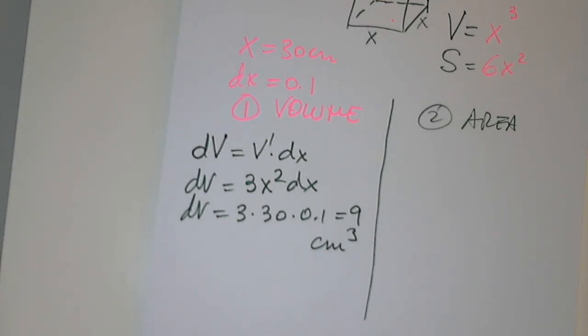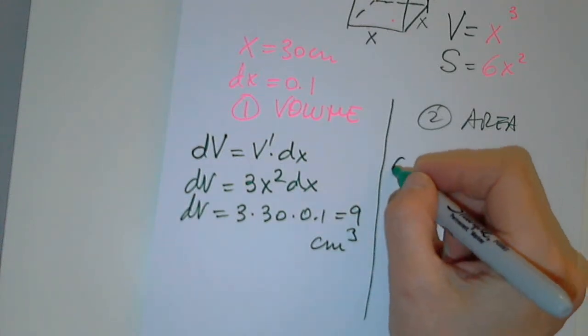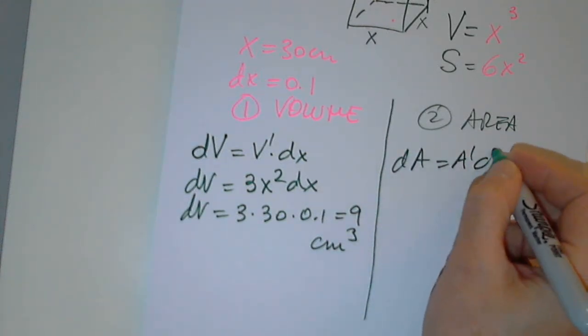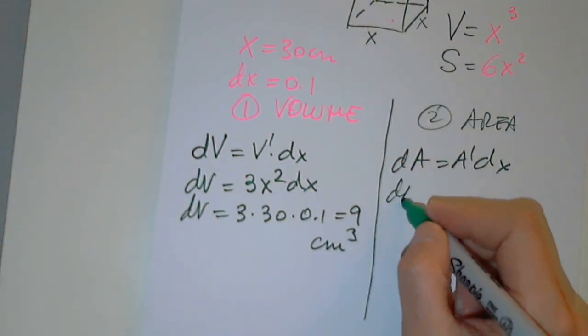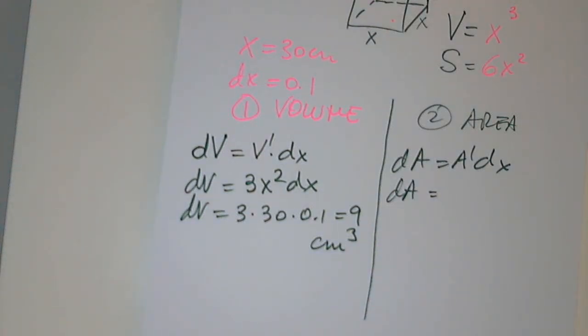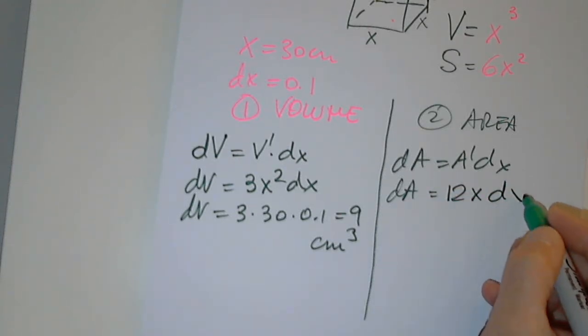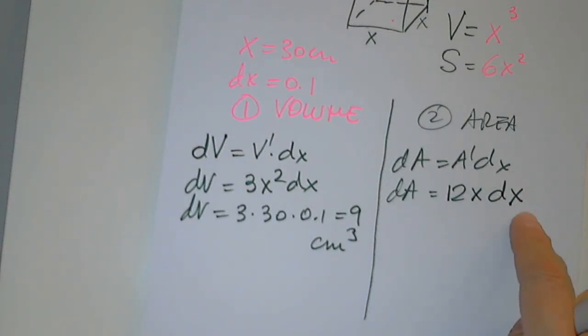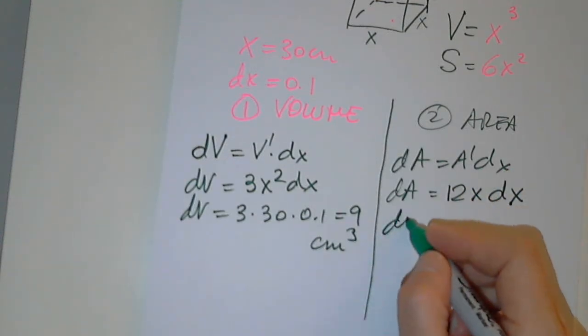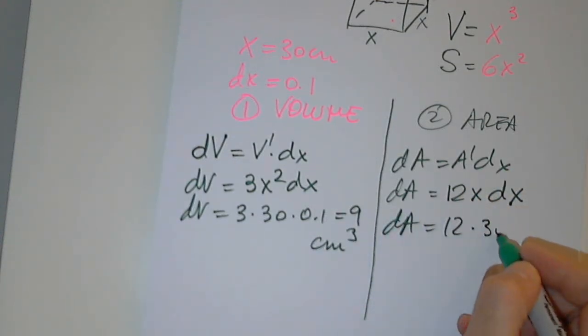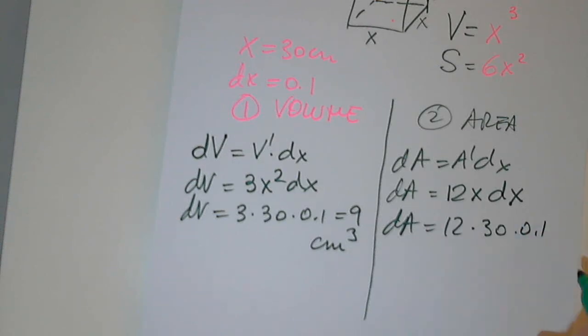Okay, so let's do the same thing here. dA equals A prime dx. So then dA will be 12x. Very good. So dA will be 12 times 30 times 0.1.